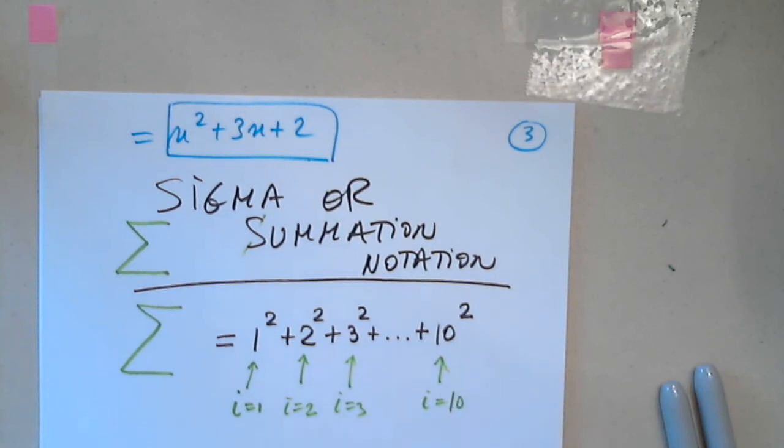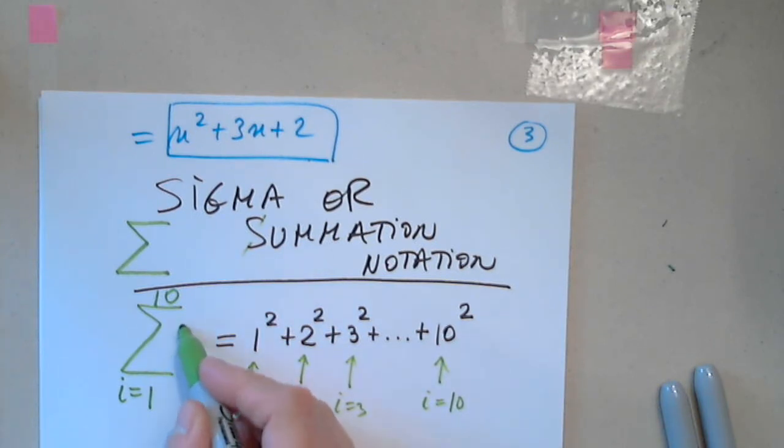Very good. So this is called index. The lower limit is 1, the upper limit is 10. So then from i equals 1 through 10, of i squared.